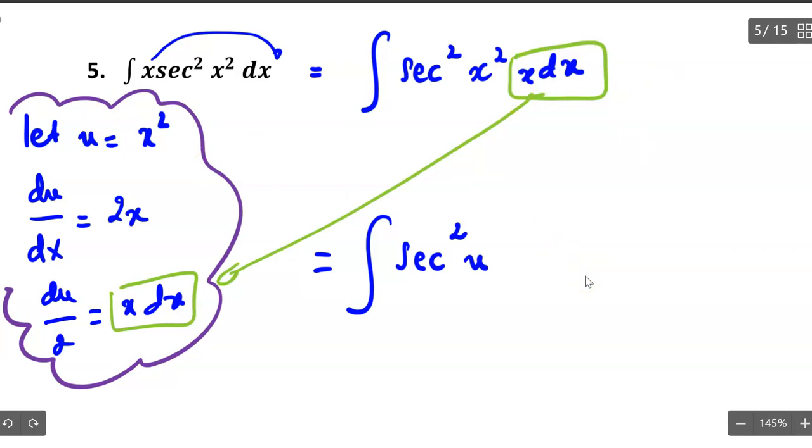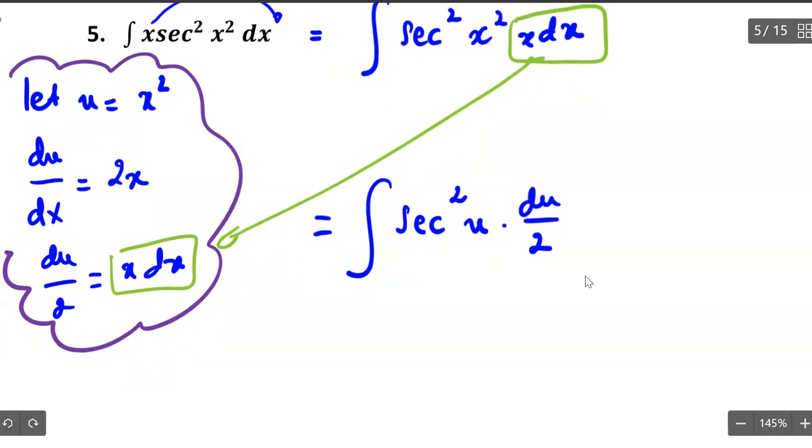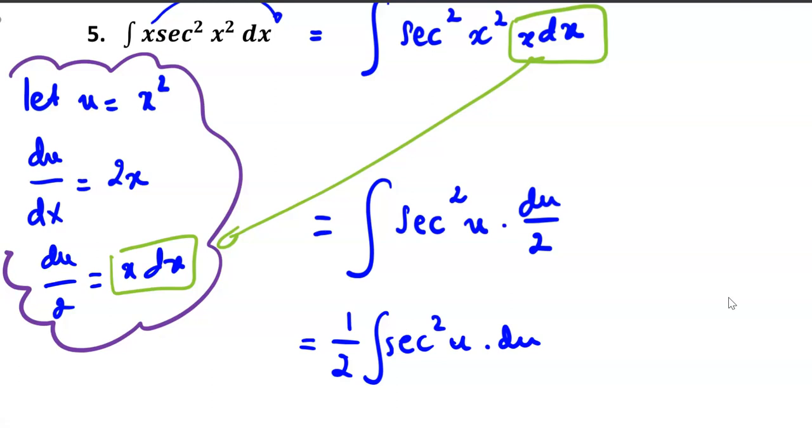And what is x dx? Now I can write it as du over 2. So the differential factor matches as a du, and my argument is also in terms of u. So I will bring a half across the integral sign. And here I have secant square of u du, so that I can go ahead and apply that formula.